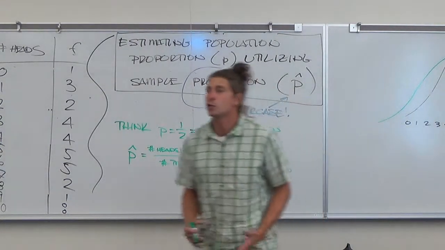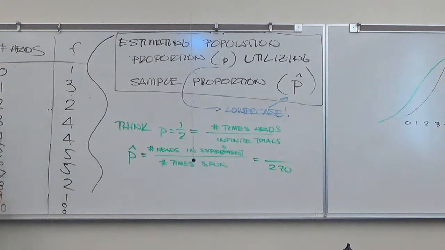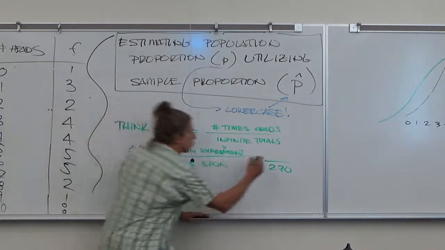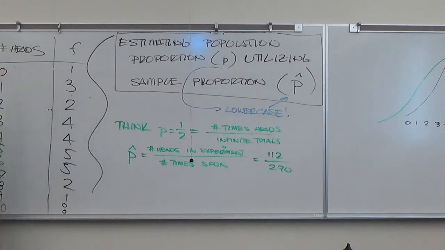Now, you would just be given this in my class. I would say you did this experiment this many out of this many. I would tell you that. The TI's being cryptic. We got 112 heads out of 270 trials. What does that work out to be percentage-wise? 135 out of 270 would be exactly a half. So go ahead. I'm sorry, Mike.